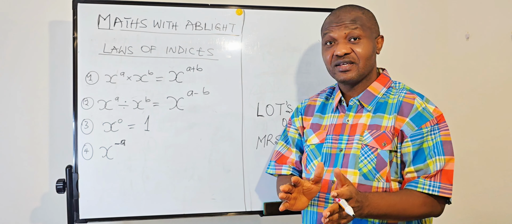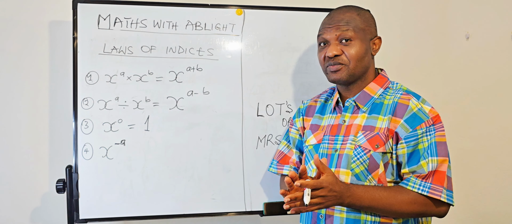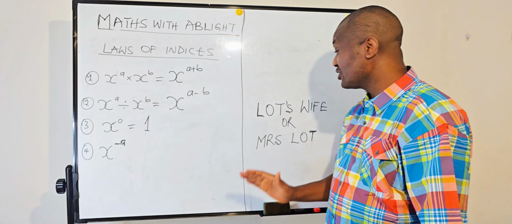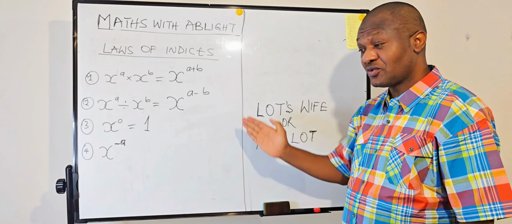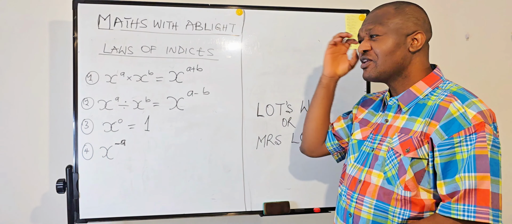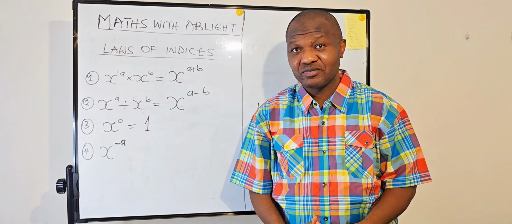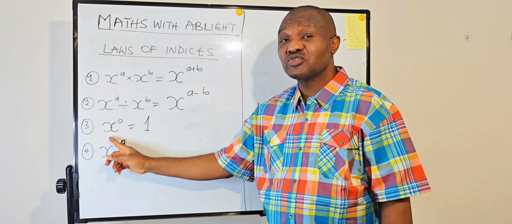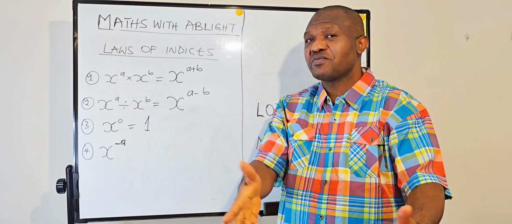As you are sat there watching this clip, if you are raised to power 0, you become 1. Lot's wife was raised to power 0 immediately on the spot and she became 1. So if you remember this analysis, as we are solving questions and you see that anything is raised to power 0, you don't need me to remind you.